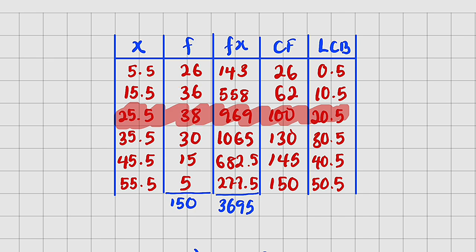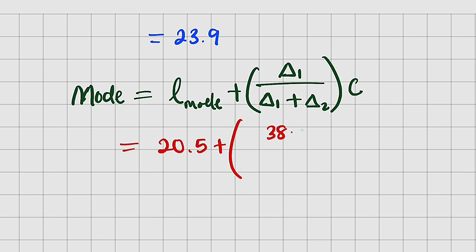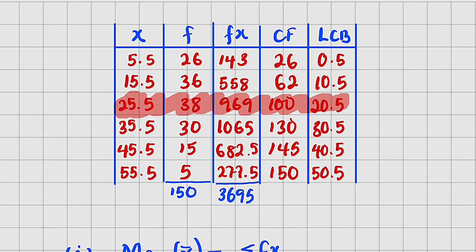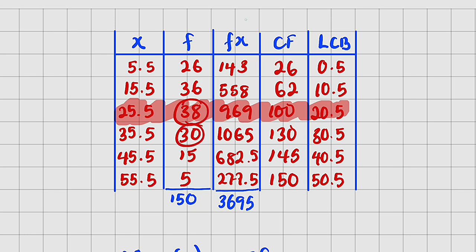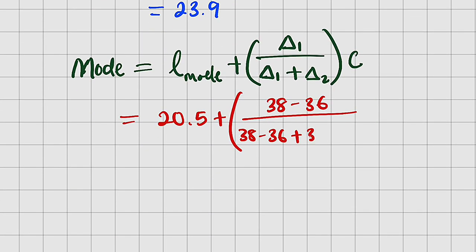That is 38 minus 36. 38 minus 36 divided by the same thing with this one, right? 38 minus 36 plus this one, the frequency of the modal class minus the frequency after the modal class, which is what? 38 minus 30, multiplied by 10.